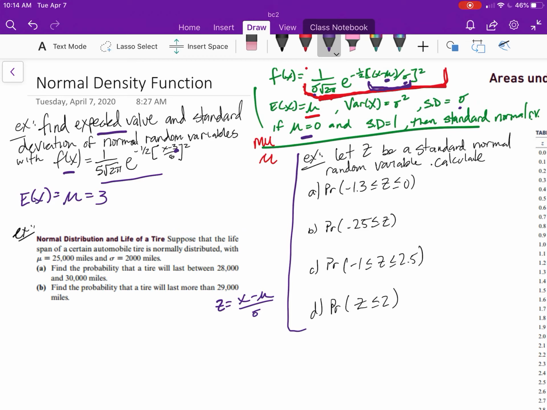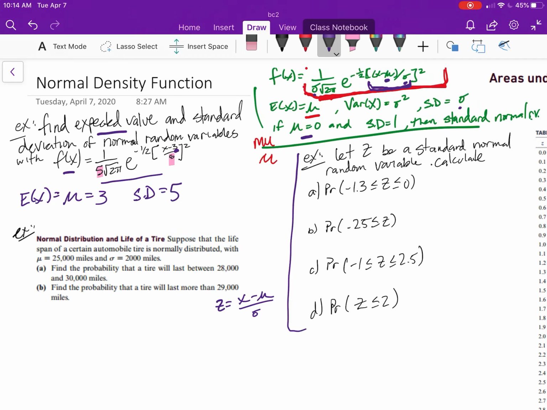Okay, and the standard deviation is just sigma, and we could see right here that there's sigma, and also here's sigma, which are the same, which is great, otherwise it doesn't even fit this normal density function standard, right?